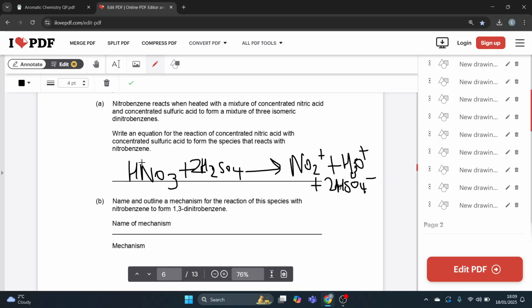And let me just get my textbook for a moment. I'm pretty sure this equation you do need to memorize anyway. It's in the textbook, so I'll have a look.